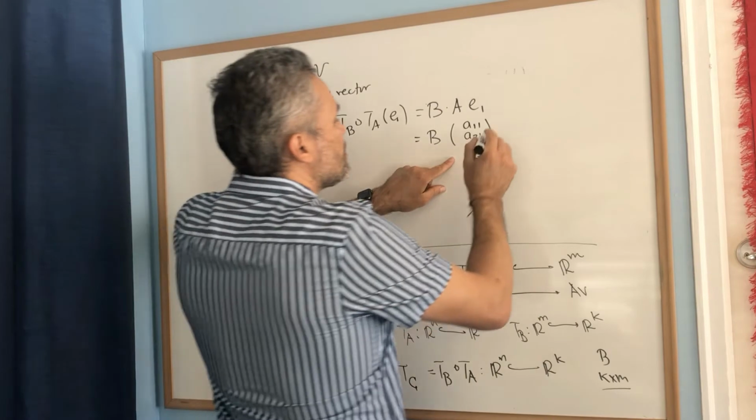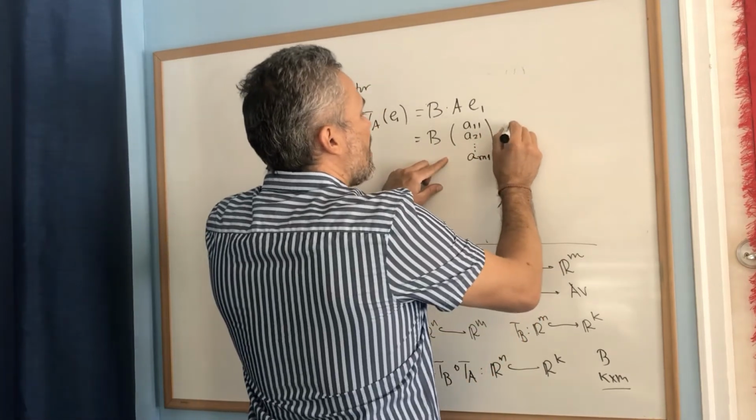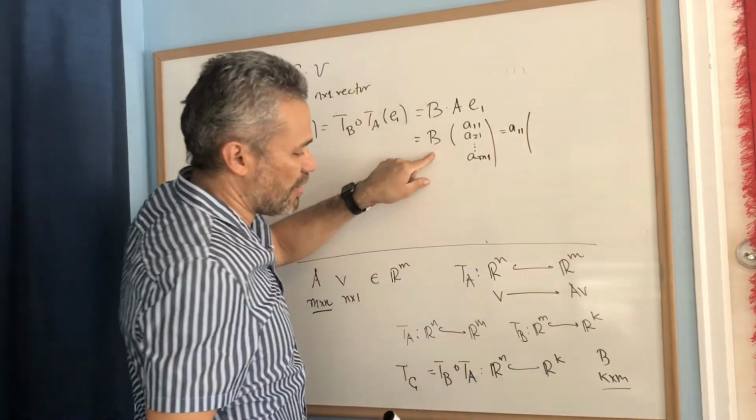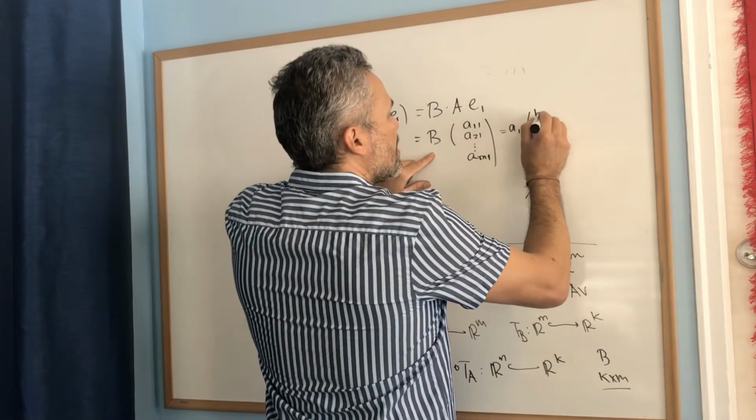Then, by definition, this is just A11 times a linear combination of the columns of B. What are the columns of B?